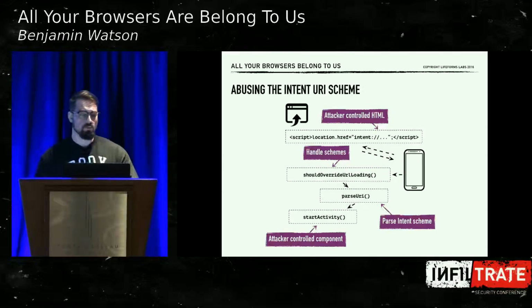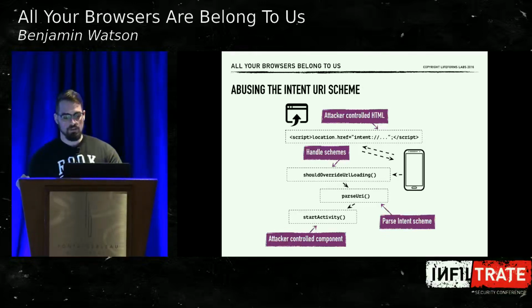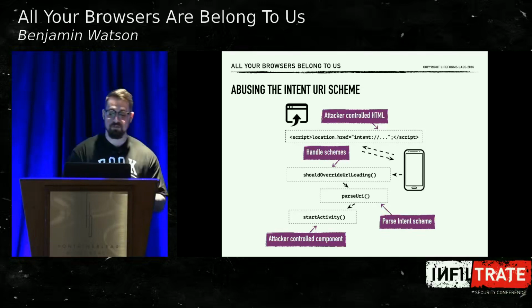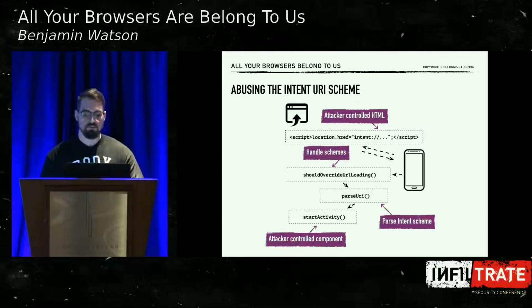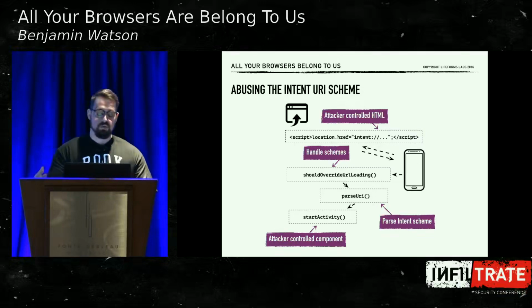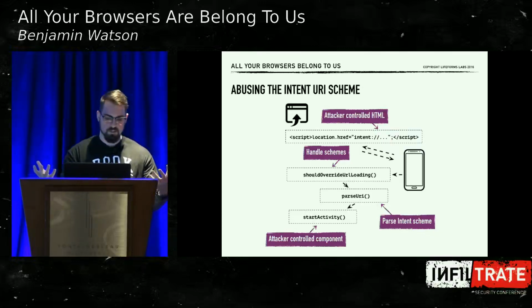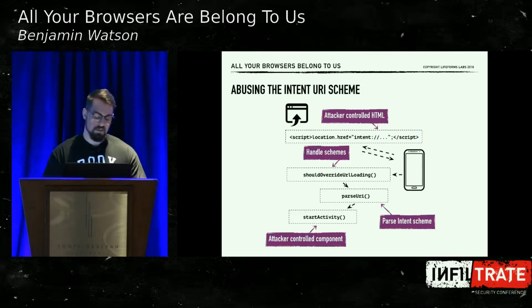In the location.href property, we have our intent URI scheme. That gets loaded. shouldOverrideUrlLoading has been overridden, and that's where the scheme gets handled. The URI gets passed as the first argument of parseUri. We take that intent object and pass it as the first argument to startActivity. And effectively, if there has been no sanitization of that object, then the attacker controls the component.